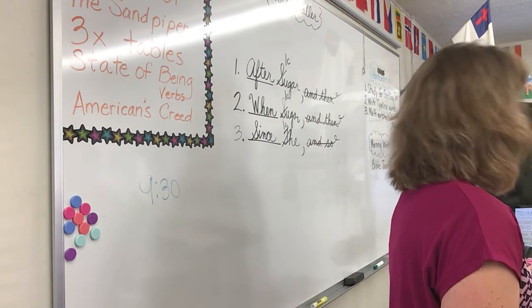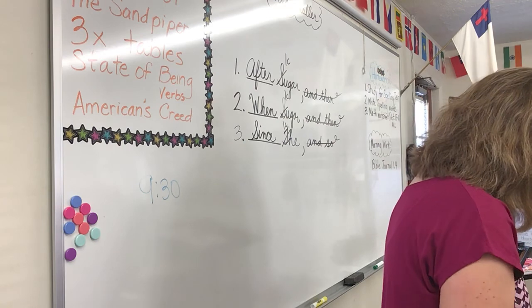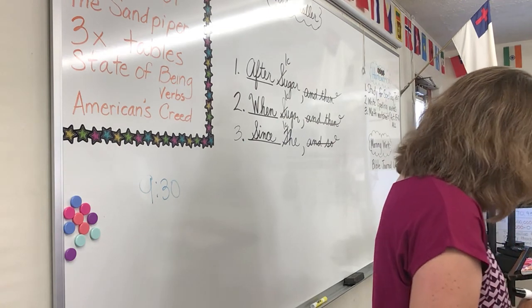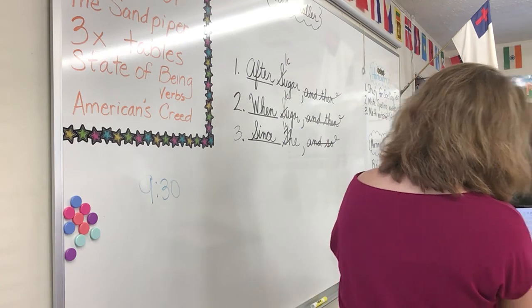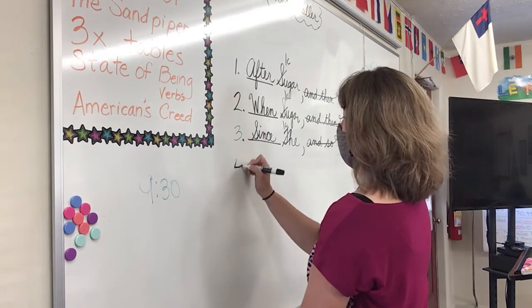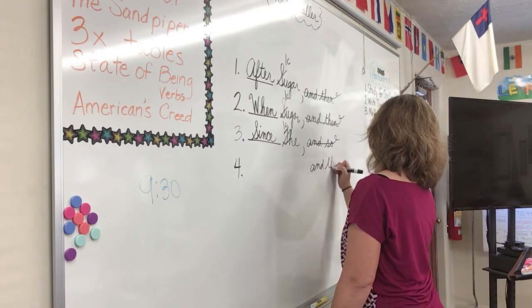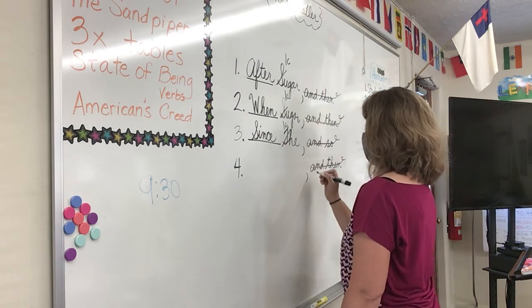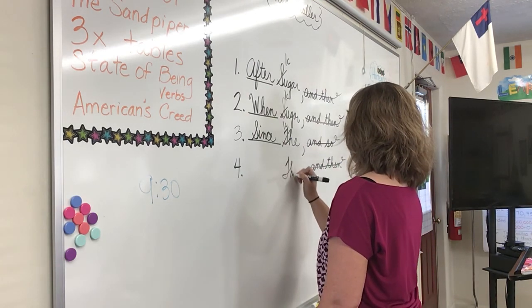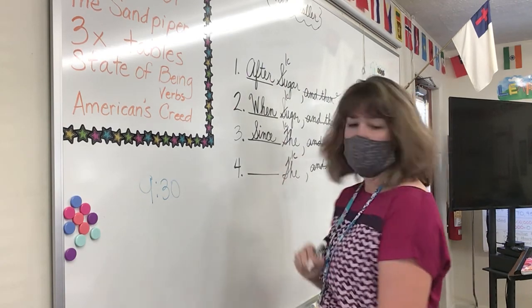Number 4, Autumn. The syrup is heated and then crystals are formed. Delete and then. Put a comma after heated. Lowercase the. And then what should we put in the blank?